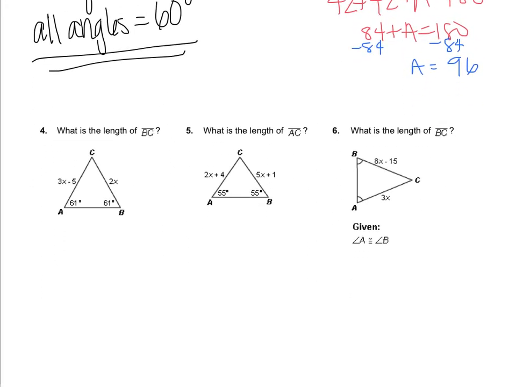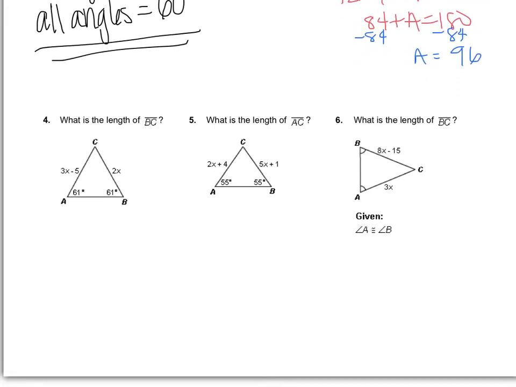Number 5 says, what is the length of AC? Well, AC is this part, because this is 55 and this is 55. What I know is that AC and BC are congruent. So that means that 2x plus 4 equals 5x plus 1. I'm solving for x, which means I want x's on one side, my numbers on the other.